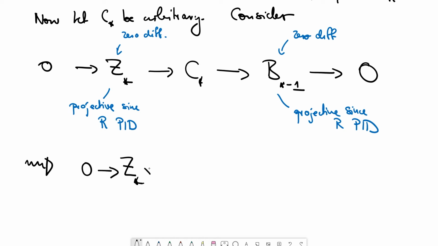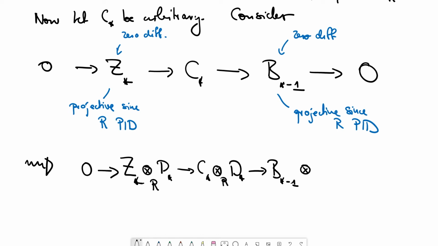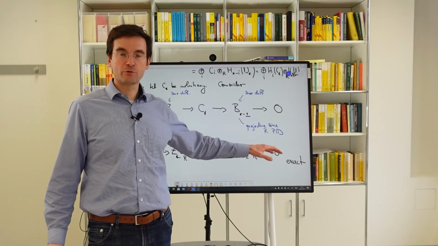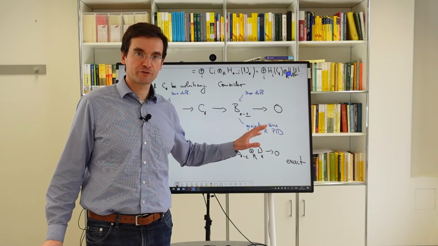And I claim that we still get something exact. Let me first write it down. So we tensor with D star, and we still get a short exact sequence of chain complexes.